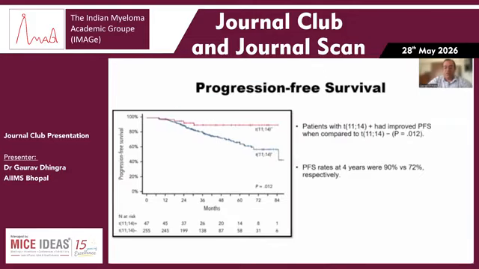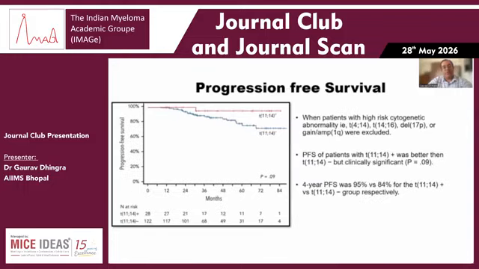If we talk about progression-free survival, it was significantly better for translocation 11-14 positive myeloma compared to translocation 11-14 negative multiple myeloma, maybe because more patients with deletion 17 were in the translocation 11-14 negative myeloma group. The PFS rate at 4 years was 90% for translocation 11-14 positive myeloma, while 72% for translocation 11-14 negative myeloma.